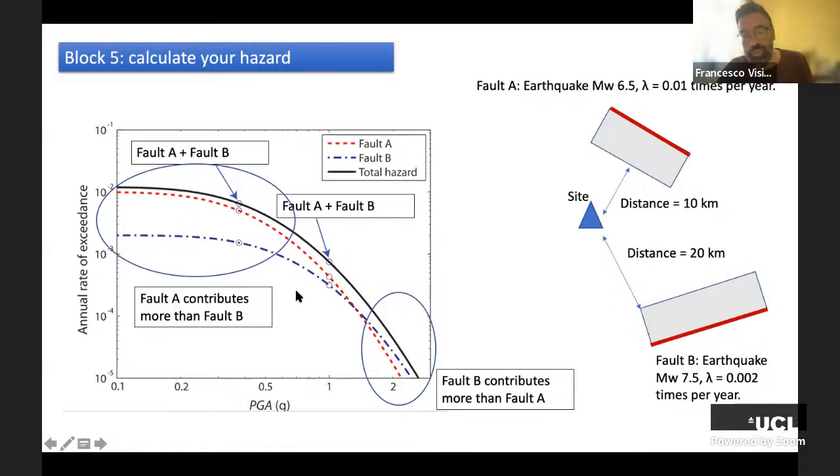It's also interesting to note that which fault contributes most to the hazard depends on the PGA we are interested in observing. For example, for low values of PGA, 0.3, 0.4, fault A contributes more to the total hazard than fault B. But it is the opposite if we are interested in the probability of exceedance of 2g, for example.